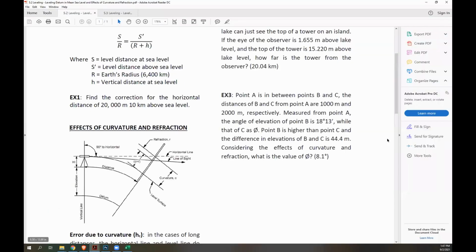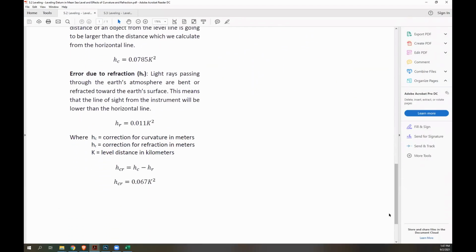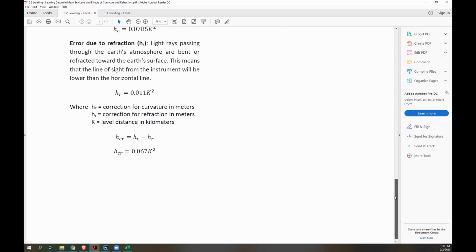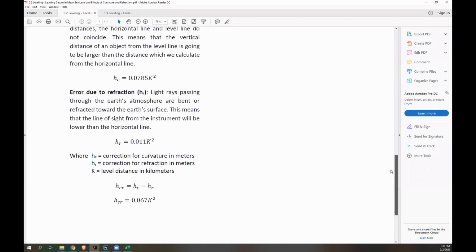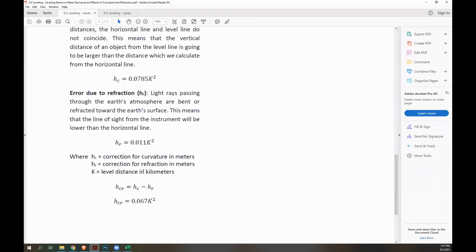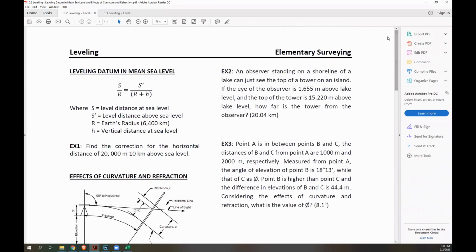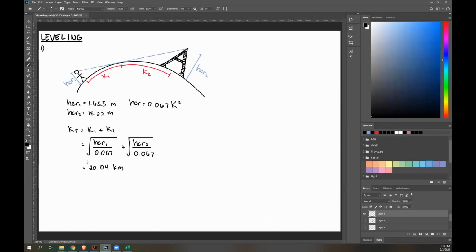Well, again, remember, K is in kilometers. So if we solve for K, the resulting answer would be in kilometers as well. And then all of our units here are in meters, so that's why we can just plug it in without conversion. So this is our answer.